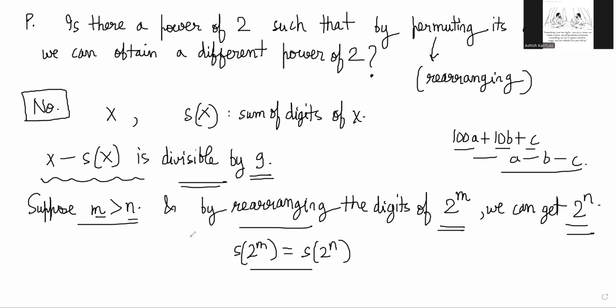Now let's think about what we can say about 2 power m and 2 power n. M is bigger than n. We can start with 2 power m minus 2 power n, which is equal to 2 power n times, taking 2 power n common, 2 power m minus n minus 1.